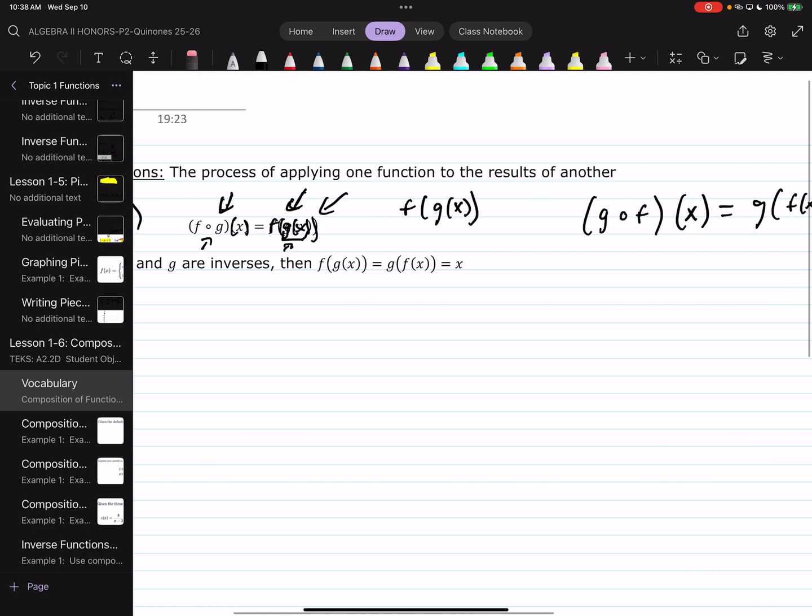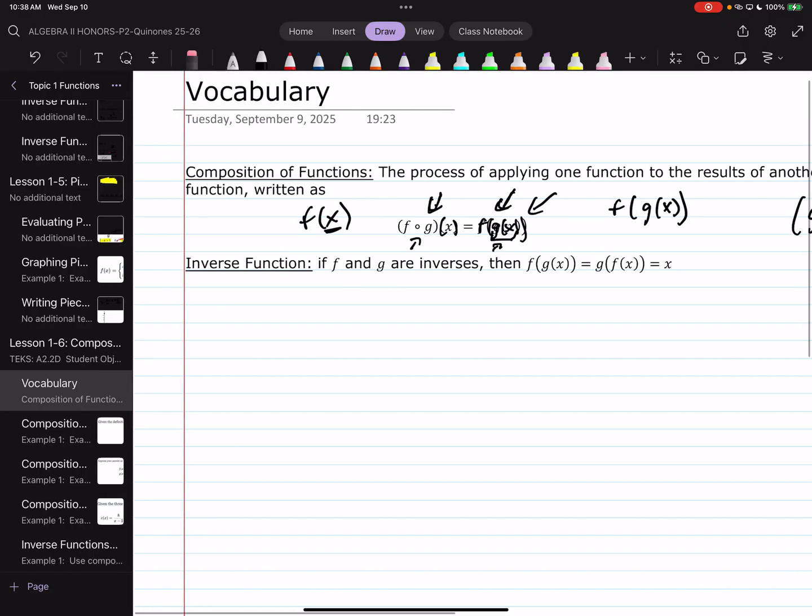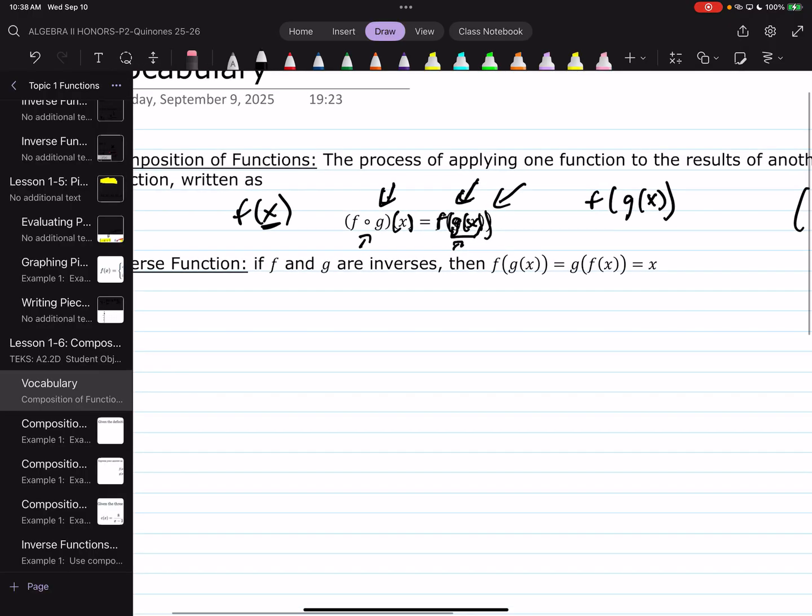And we talked about inverses before, but today we're going to algebraically determine if two equations are inverses of each other using composition of functions. And this is how we can tell. If I put g of x into my f function, or if I put f of x into my g function, it shouldn't matter.